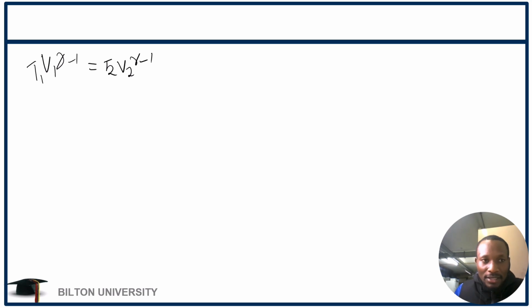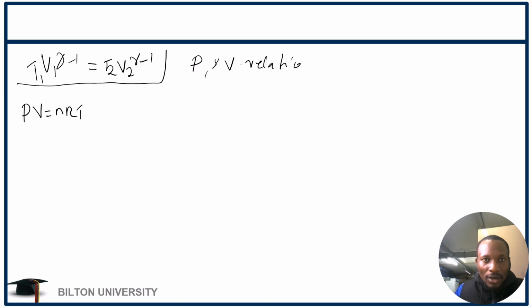From the ideal gas equation, we know PV is equal to nRT. We want to relate pressure and volume, so we want to see how these things are related.